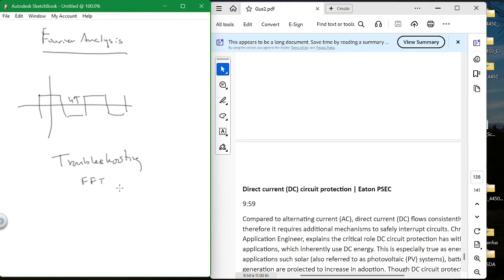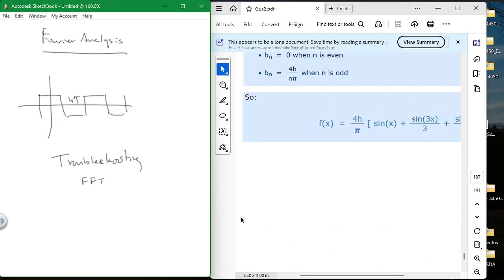People do study FFTs, especially in applications where the machinery has to run. They actually measure the vibrations and do a fast Fourier transform of it. If you've never heard of FFTs before, that's exactly what they're useful for, and it's because of this thing right here. This is a Fourier transform of a square wave.